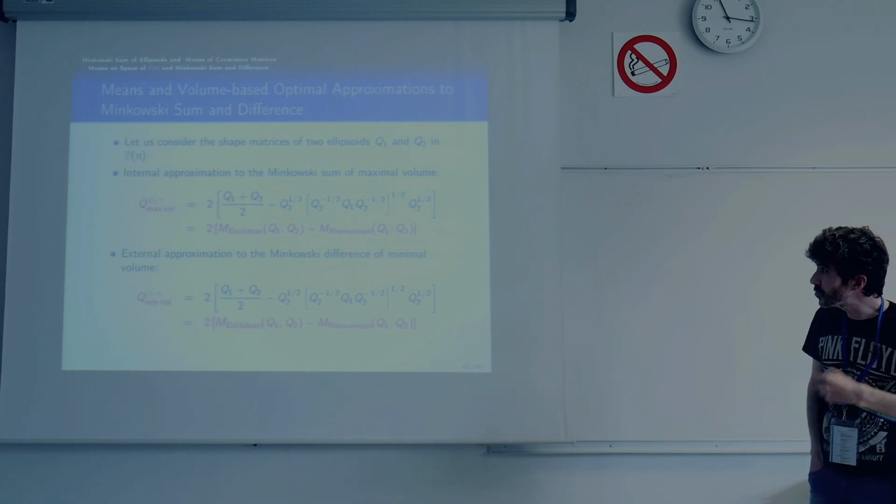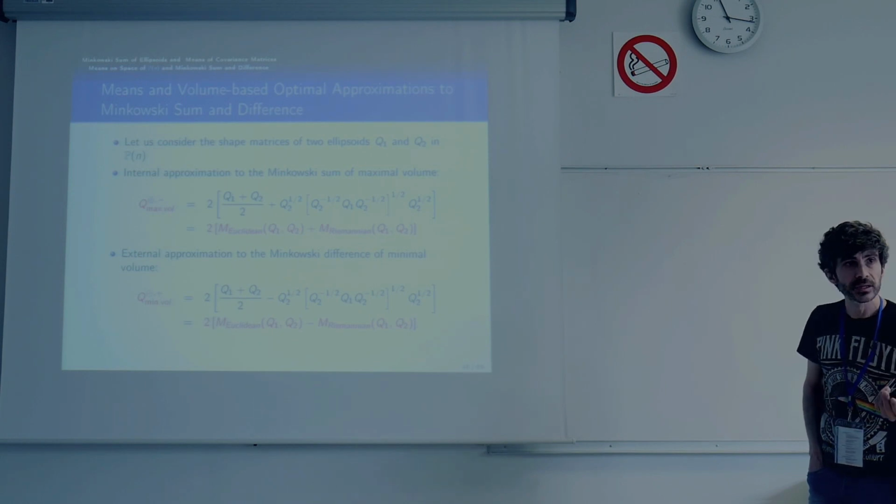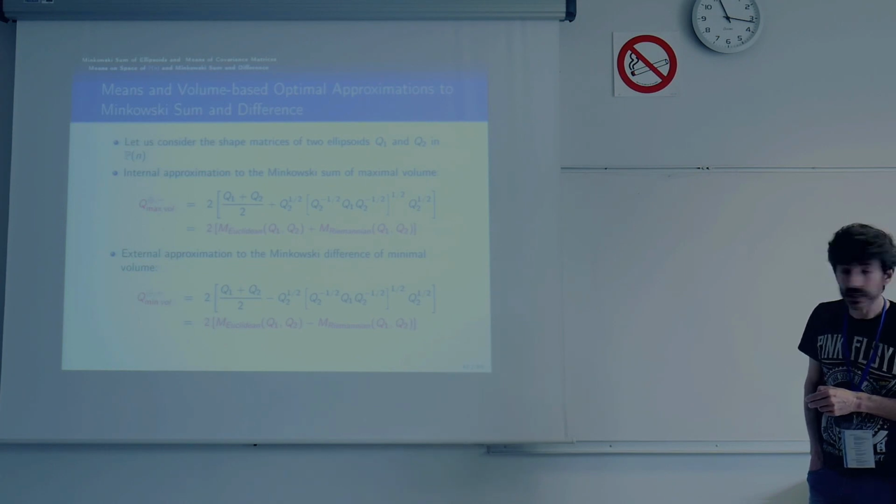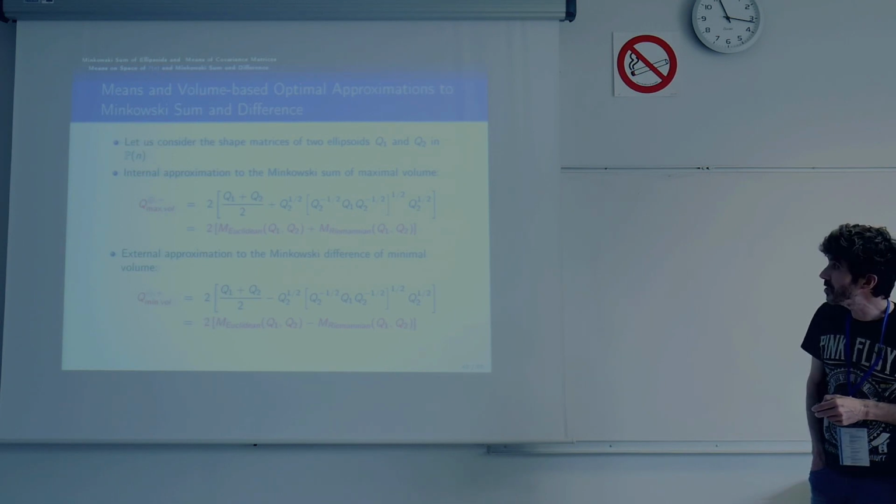And now I'm going to rewrite them just in terms of the mean between the two positive semi-definite matrices, which I defined as the Euclidean and the Riemannian just previously. So basically, you have this expression where the matrix shape approximation to the Minkowski sum is just 2 times the sum of these two terms which appear here.